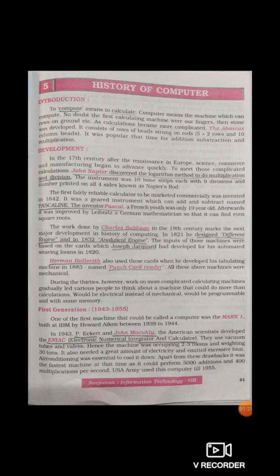So John Napier discovered the logarithm method to do multiplication and division. The instrument was 10 bone stripes, each with 9 divisions and numbers printed on all four sides, known as Napier's rod.